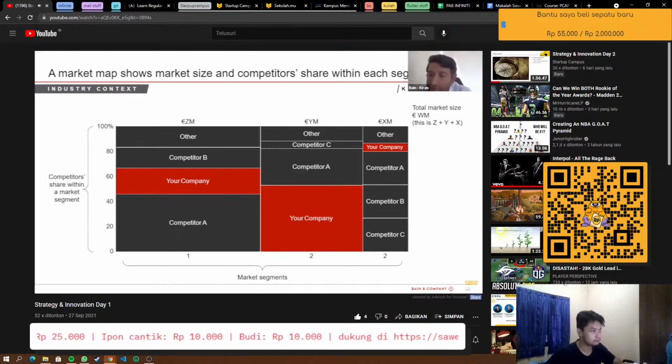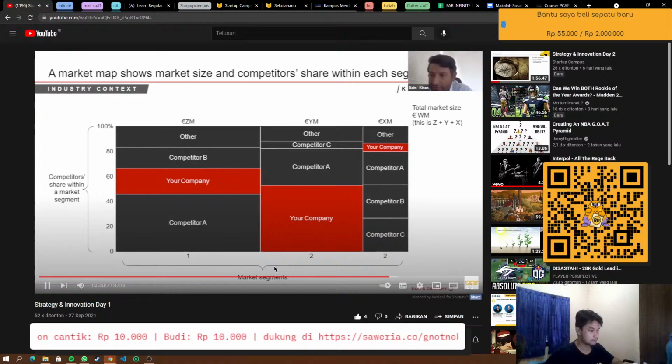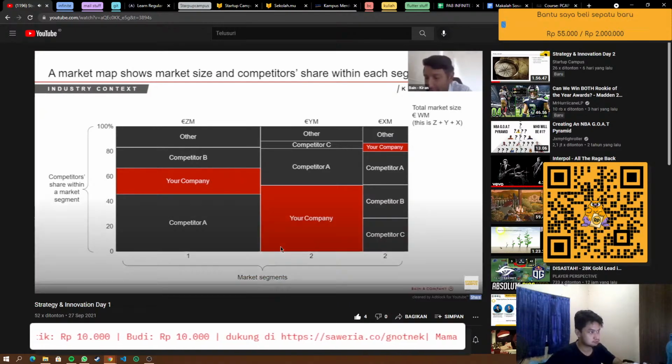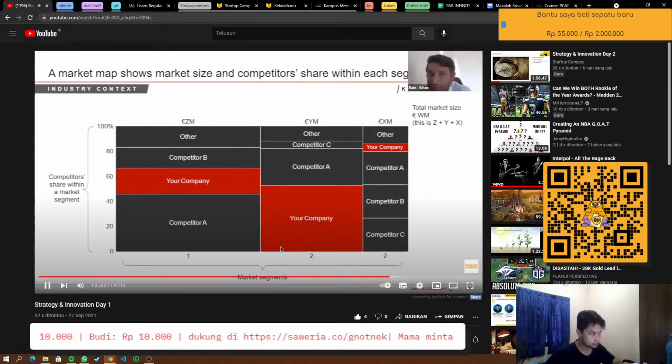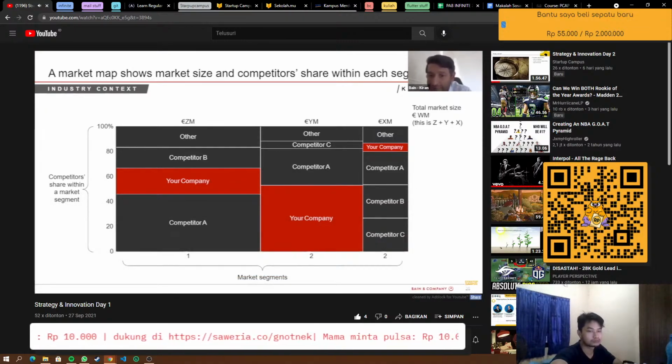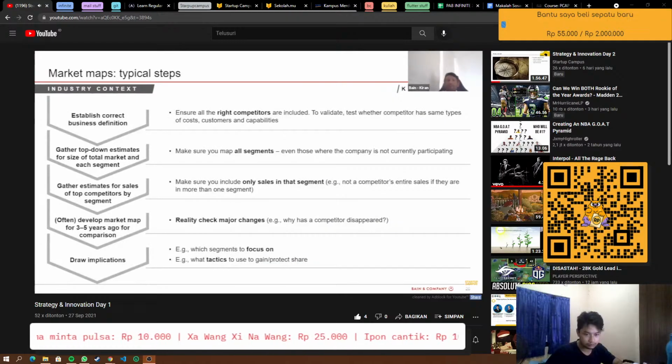So rather than focusing on the parts of the business that actually are contributing, companies tend to spend time on things that are not contributing, and they lose their position even in businesses where they are overperforming. So the first thing in your industry scope is to build a market size that shows very, very clearly where your company operates across the various market segments that you compete in.